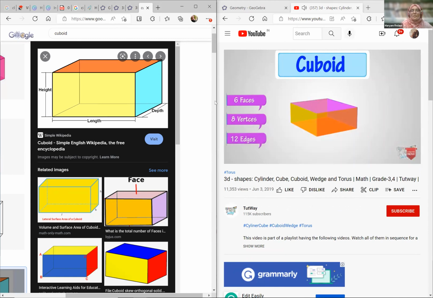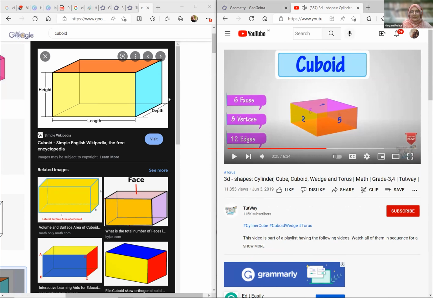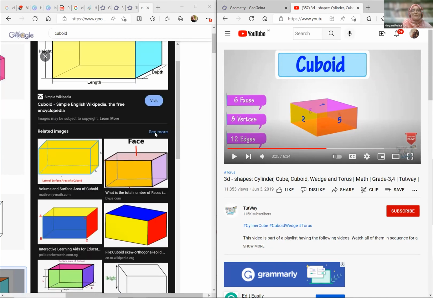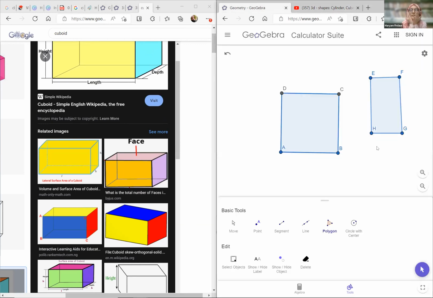Are you able to see this shape that they're showing? That shape is actually called a cuboid. Both the shapes, this one on the right window and on the left window, are called cuboids. I was comparing them with this rectangle.